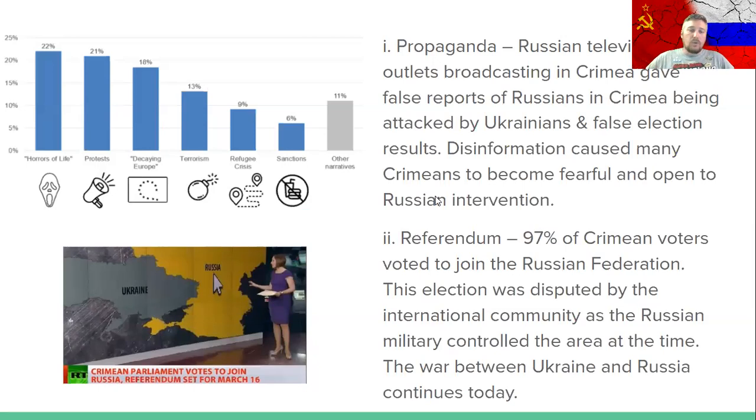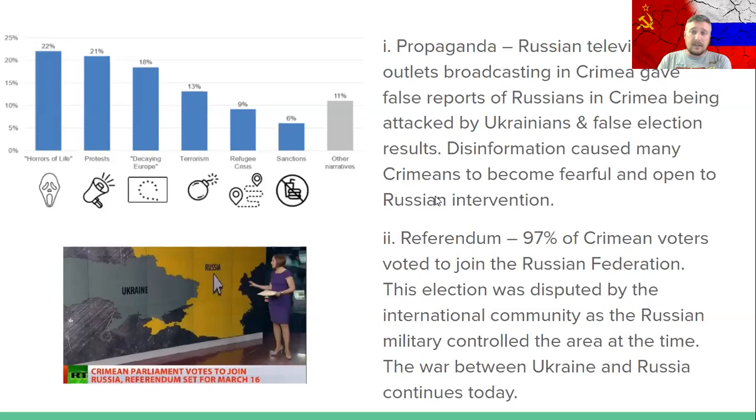And what we started to see is a few months before the invasion of Crimea, Russian television outlets, in particular, they have a station that runs out of Moscow. You can find it even here in the United States. It's called RT. Sometimes I'll see people retweet articles from RT. That stands for Russia Today. That is a Kremlin-based news organization, and responsible for a lot of propaganda that gets put out there.